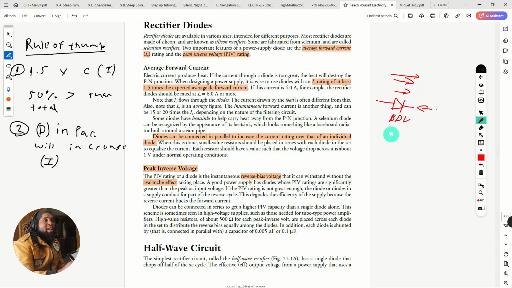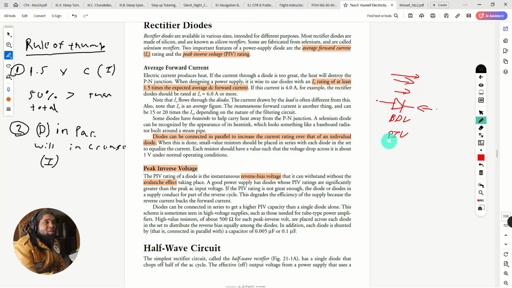They are rated with a breakdown voltage for their reverse bias, which is the peak inverse voltage. So meaning that there's only so much voltage that the diode can stand in the other direction. So that's a limit that we have to think about when we're designing and picking out components.